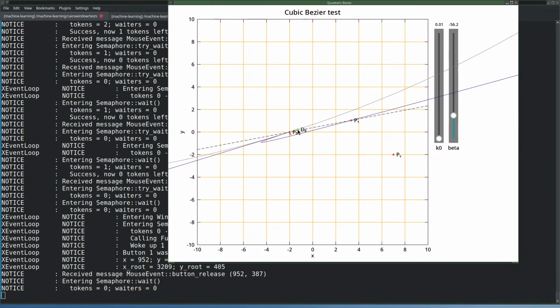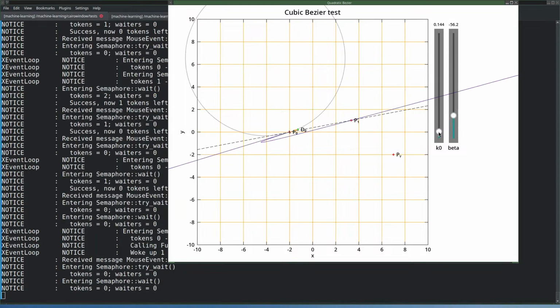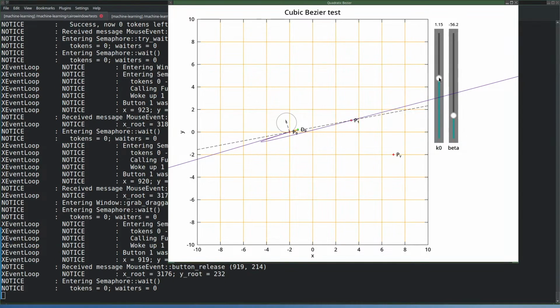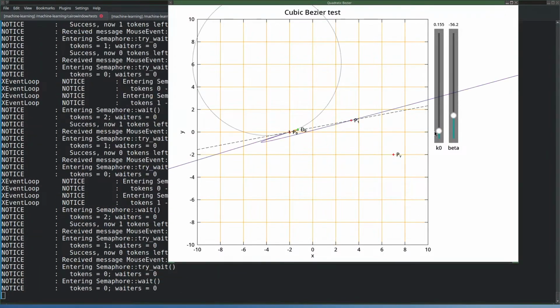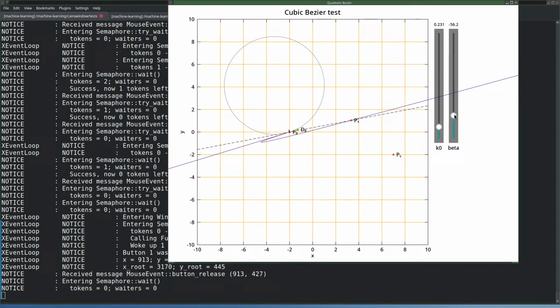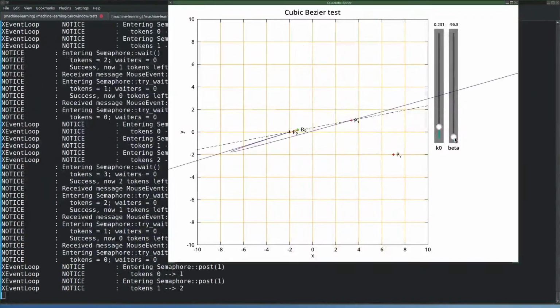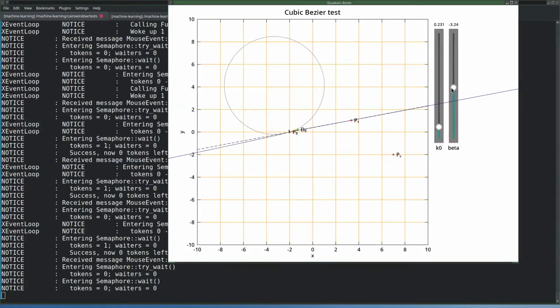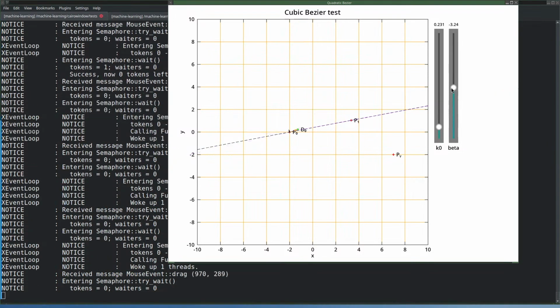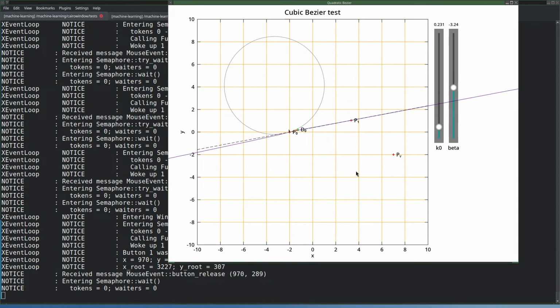It's an extremely sharp turn here. It's pretty useless. I need a zoom.